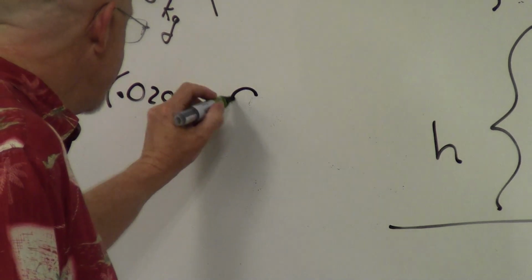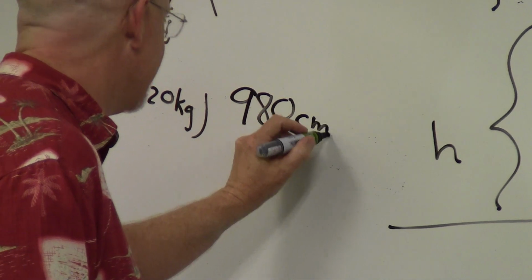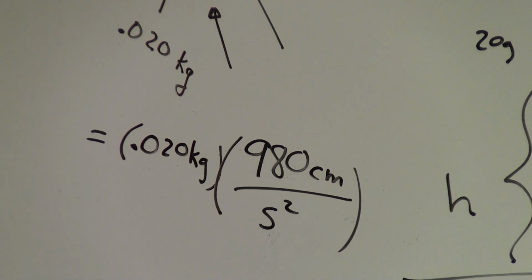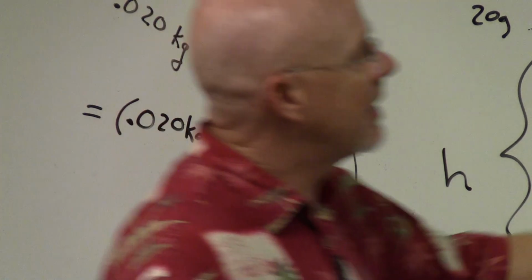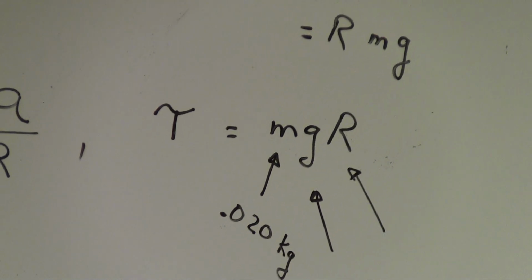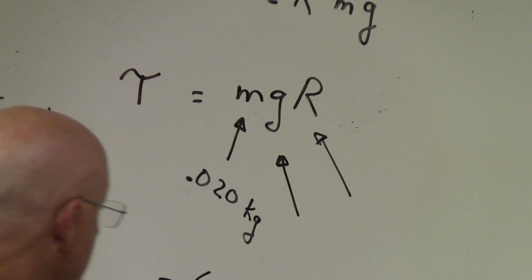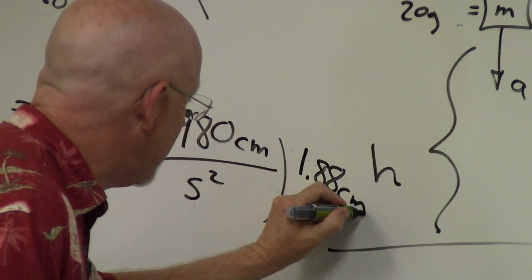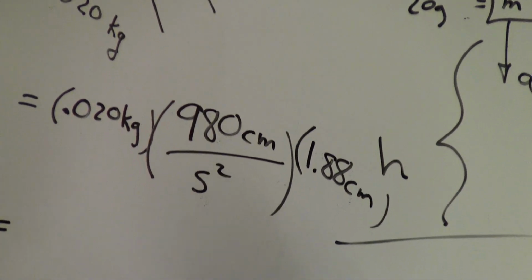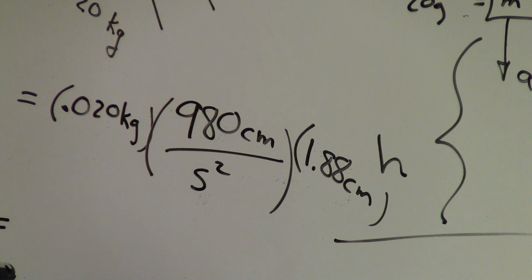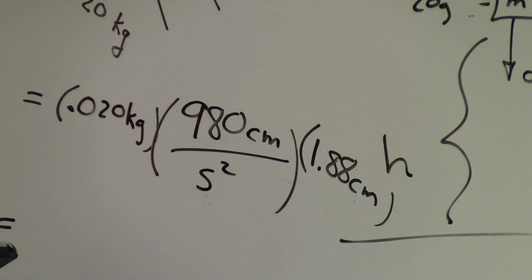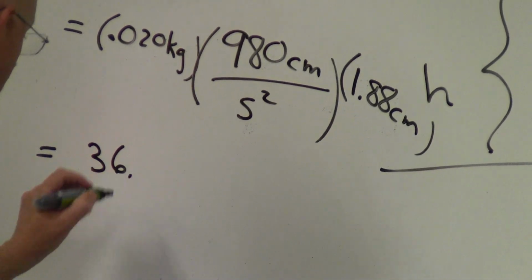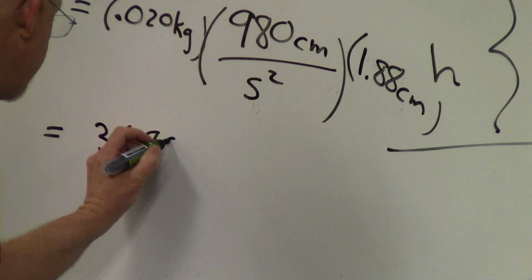So let me put 980 centimeters per second squared. And that could have easily been overlooked, even though I said, hey, make all your distance measurements in centimeters, not the traditional meters. Okay, and then the last piece, the R, is the 1.88 centimeters. And so if I put all those together, 0.02 times 980 times 1.88, I get a number of 36.85.